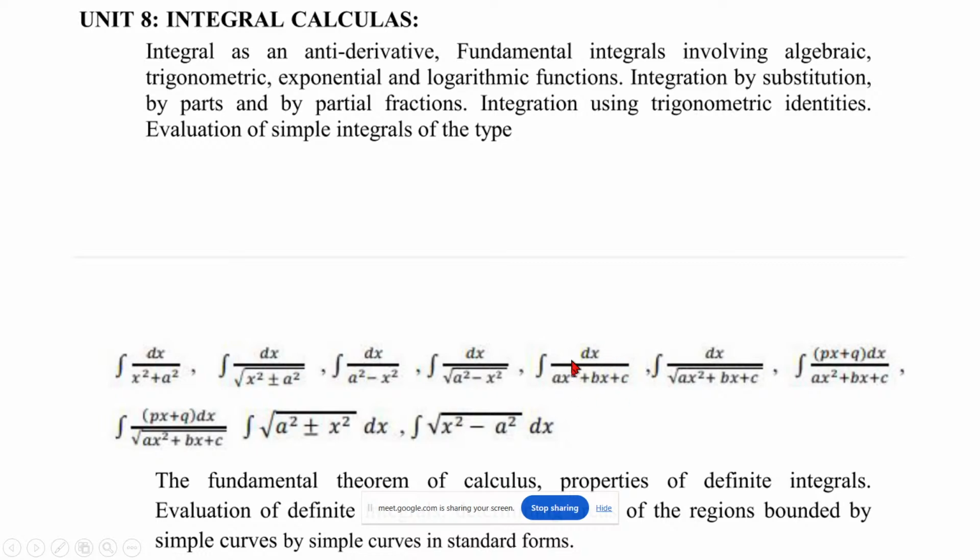Now you can always bring this to either this format or this format, depending on whether a square is positive or negative. If a is negative, then bring it outside the integral. Then you will convert into x square plus something plus something. If a is negative, just remove it out of the integral. Then again you will make it positive, and ultimately you will convert it to this or this.